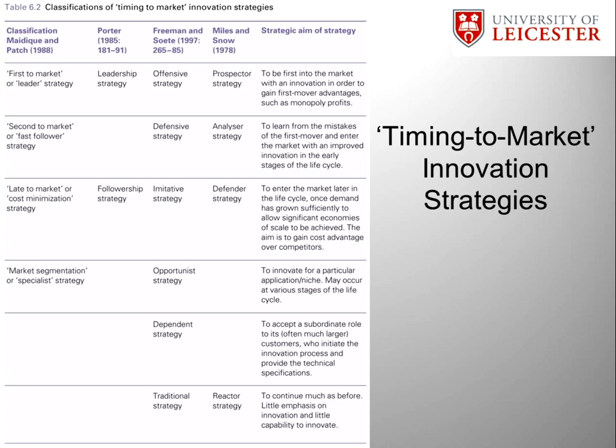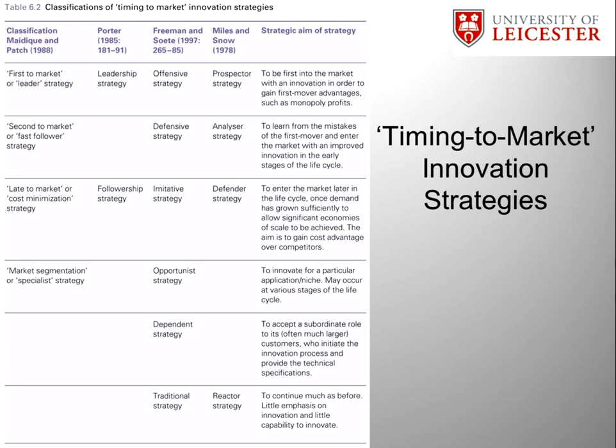And there's a whole series of different typologies that academics have used to talk about these different innovation strategies. Perhaps the most simplistic is Porter, who distinguished between leadership and followership. But in this particular unit, Unit 2, I take my lead from the work by Medic and Patch, who distinguish between first to market, i.e. the company gets to an innovation first with their product or service, second to market, which is often referred to as a fast follower, and late to market.